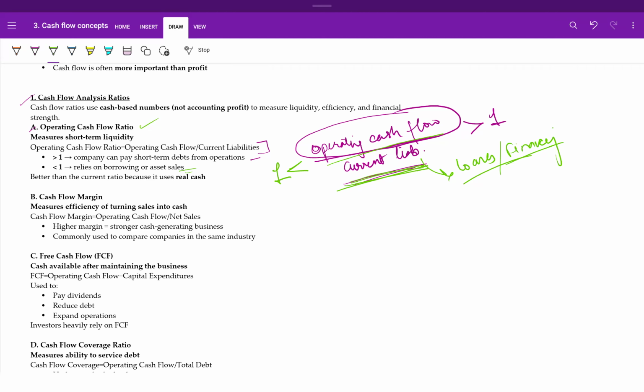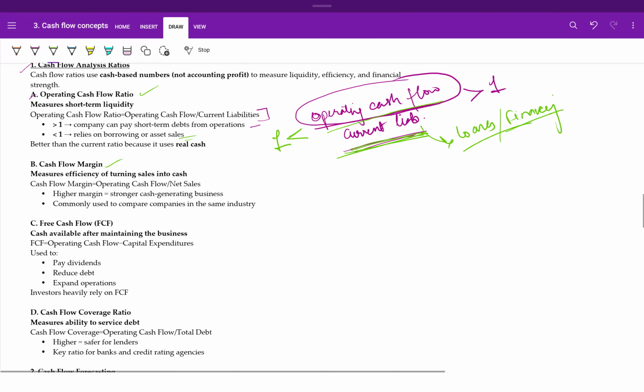Now let's talk about cash flow margins. The cash flow margin measures the efficiency of converting sales into cash. This ratio answers the question, how much cash does the business generate from each unit of sale?